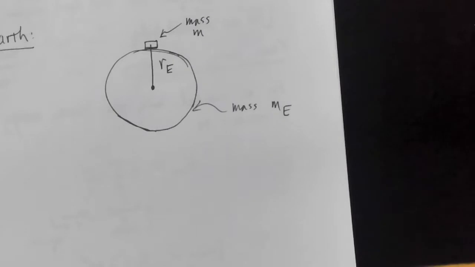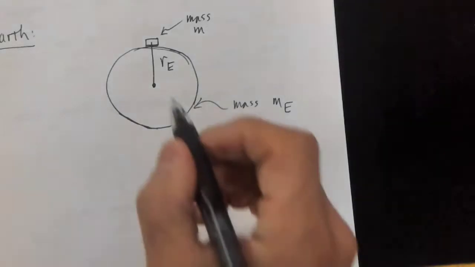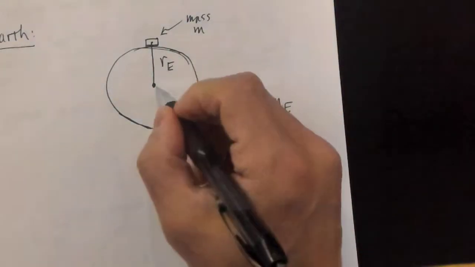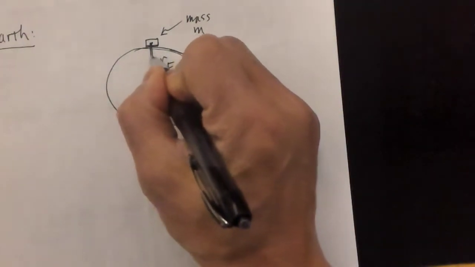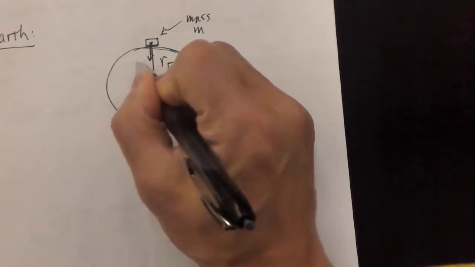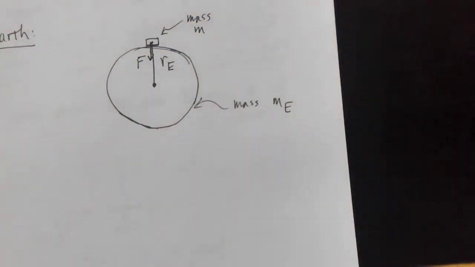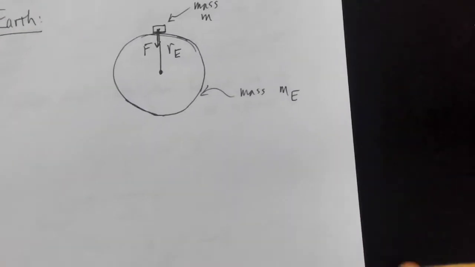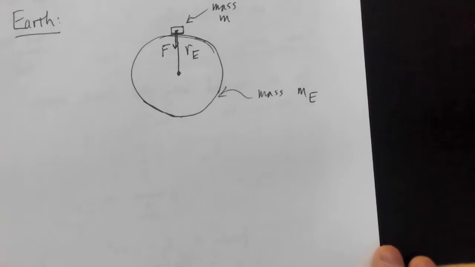Then we know that there's going to be an attraction between this object and the center of the Earth, pointing towards the center of the Earth. There'll be some force F, the gravitational force.